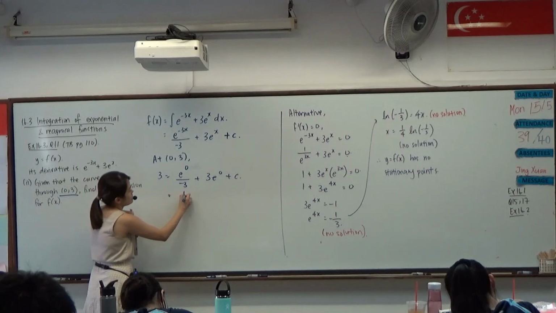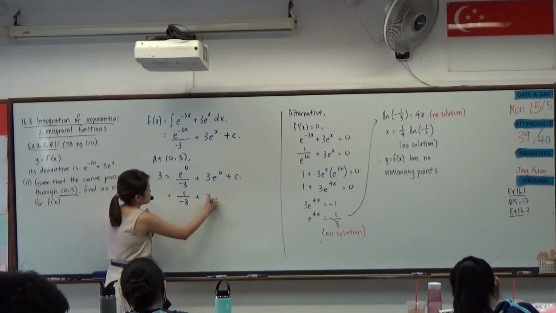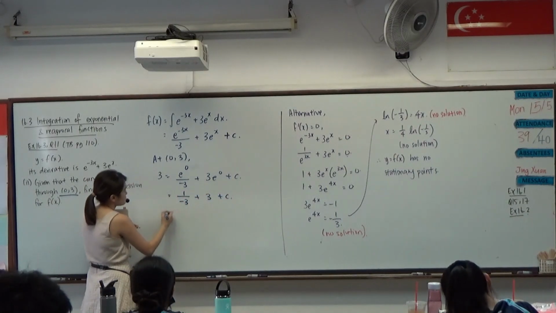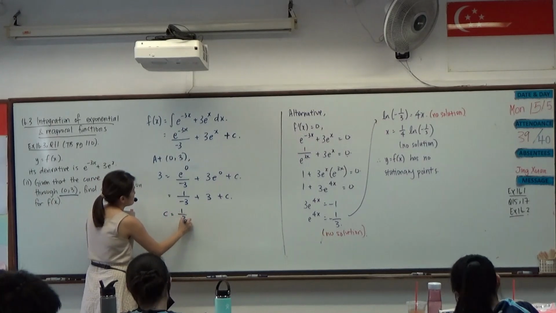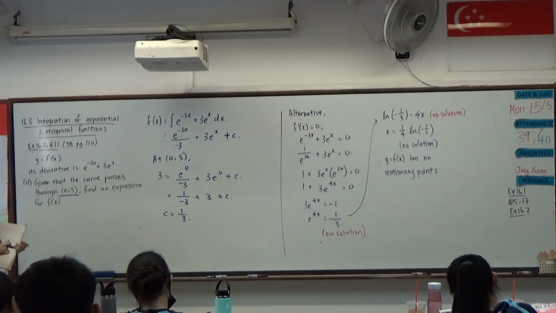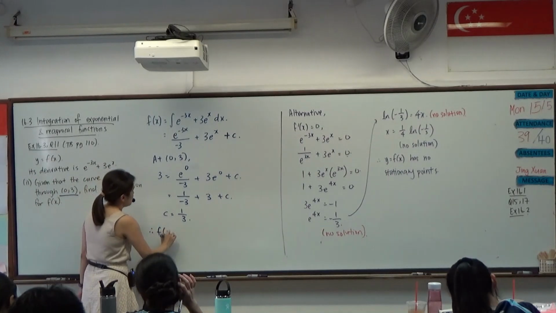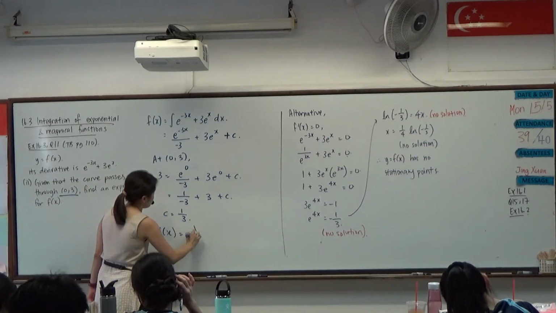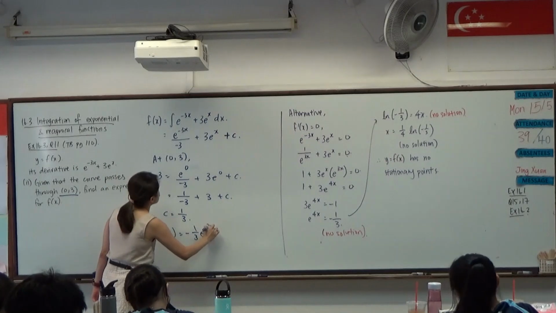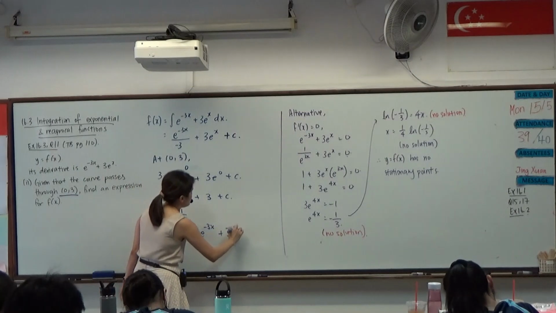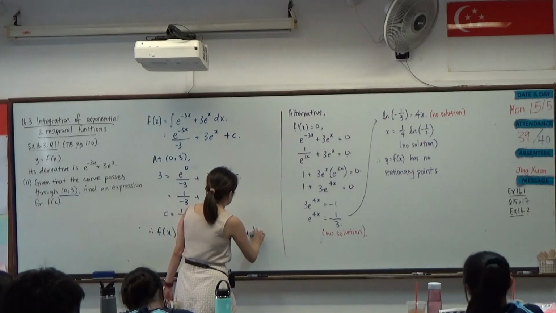In fact it is 1 over negative 3, plus 3, plus c. So your c equals 1/3. And therefore, f(x) equals negative 1/3 e to the power negative 3x plus 3e to the power x plus 1/3.